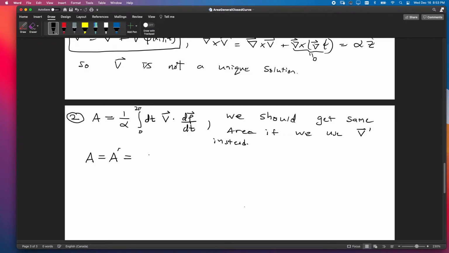A prime is equal to 1 over alpha, the integral from 0 to 2 pi dt of, we still have this part, d rho over dt, but now we have to add to this the gradient of phi.